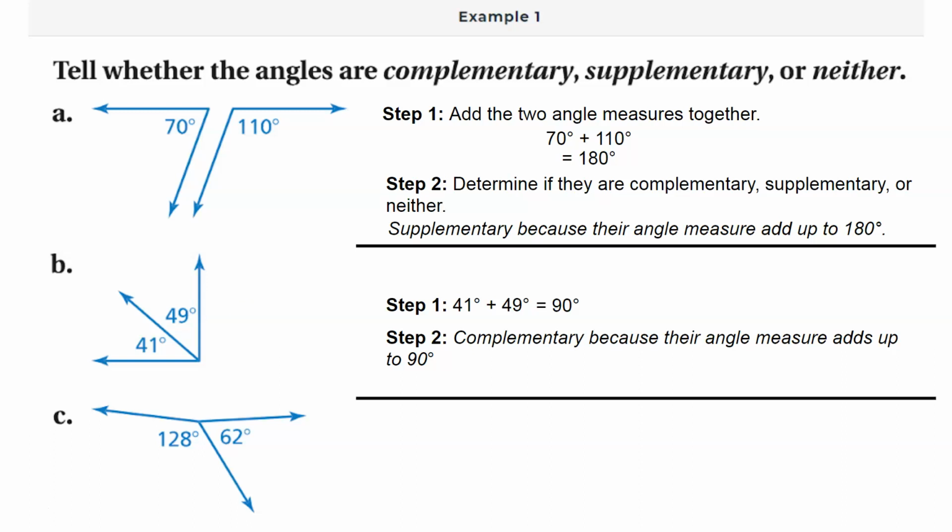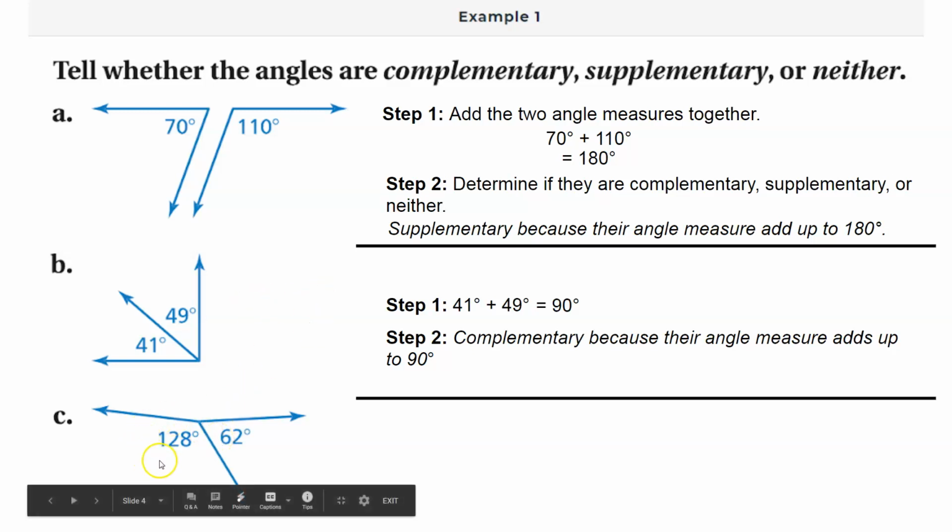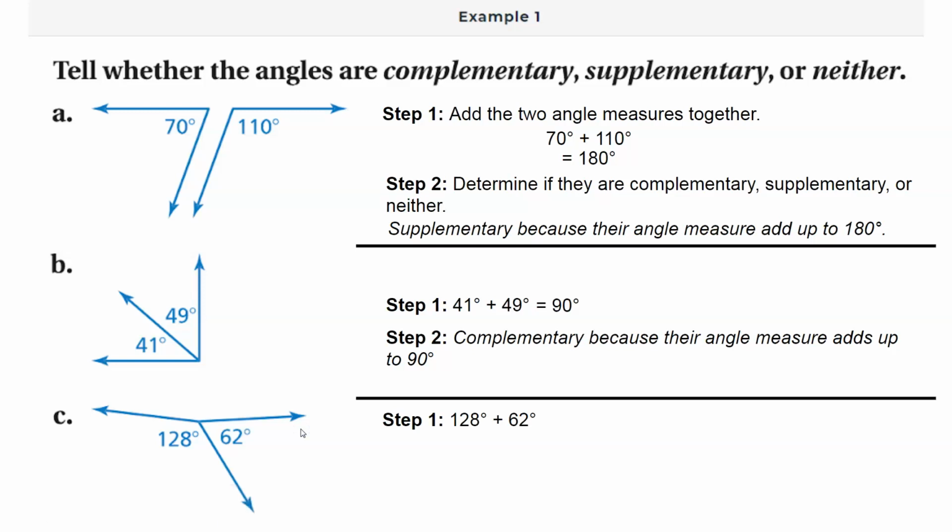Part C, we have 128 degrees and 62 degrees. So step 1 says we add them together. So 128 plus 62 is equal to 190 degrees.